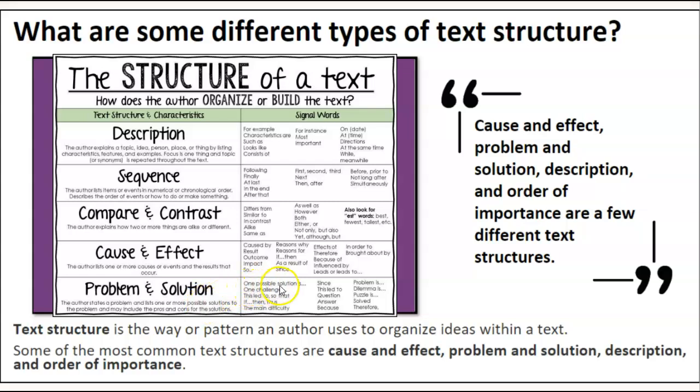So one possible solution is, one challenge is, this led to, so that, the main difficulty leads to, question, answer, because, problem is, dilemma is, solved, therefore. Okay, so those are some keywords or signal words that it may be a problem solution text. All right, so hopefully that refreshes you on what the structure of a text or text structure could be.